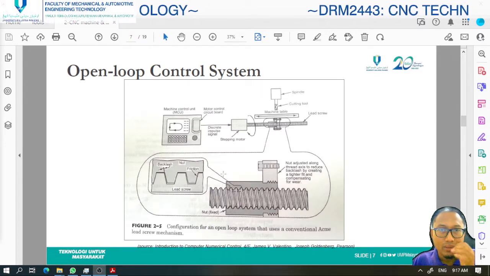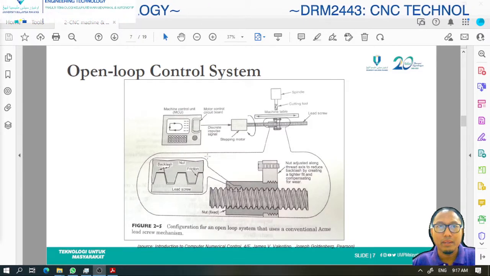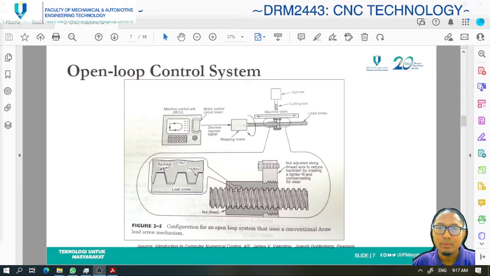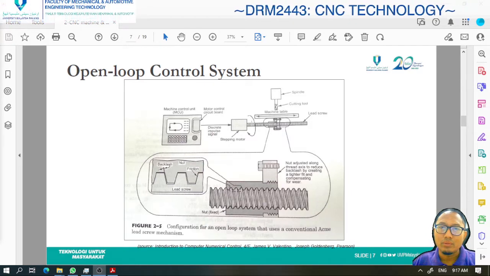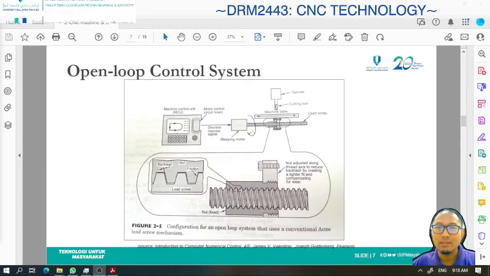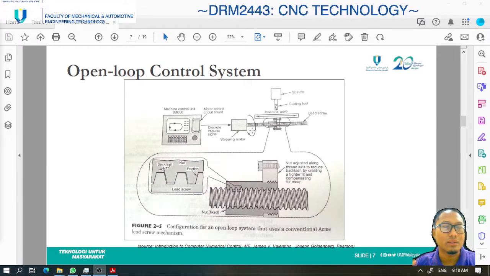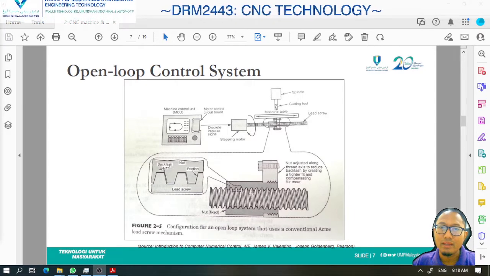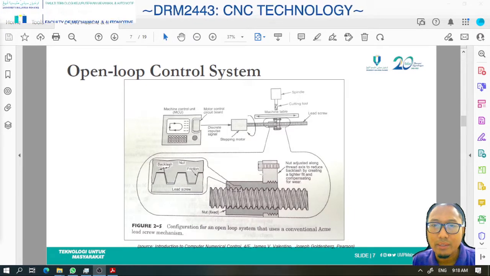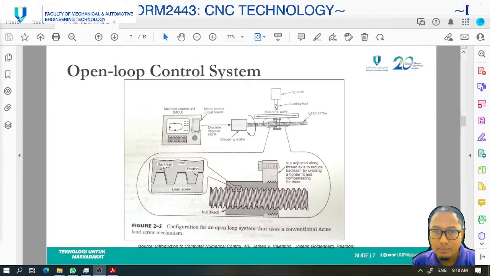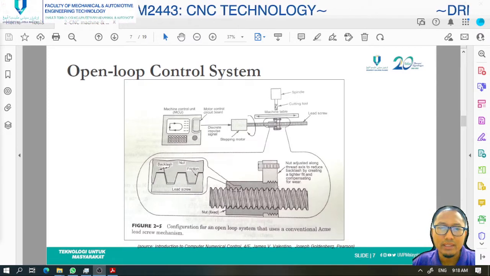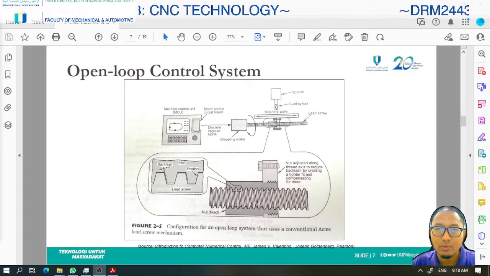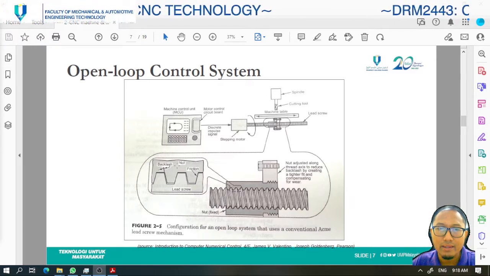Then let's take a look at a CNC which applies the open loop control system. We have the MCU sending a signal to the stepping motor. The stepping motor is going to rotate according to the signal. Let's say that for 10 millimeter, it will need to rotate 100 times. The rotation is transferred by the conventional lead screw mechanism, so we have the screw and the nut.